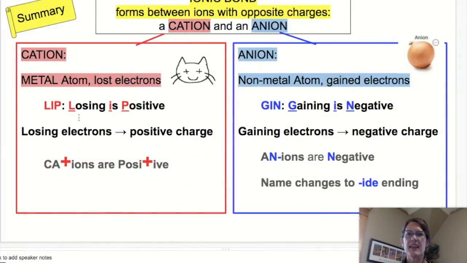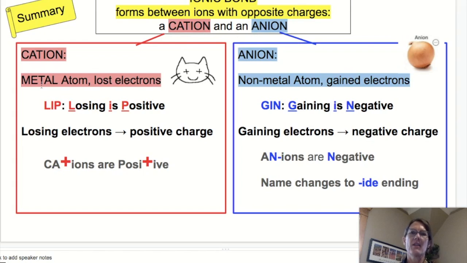This next slide shows a summary of pretty much everything we just went through. So let's just read it through. An ionic bond is one that forms between ions with opposite charges. And those ions will be a cation and an anion.